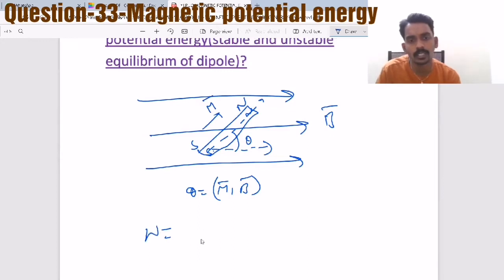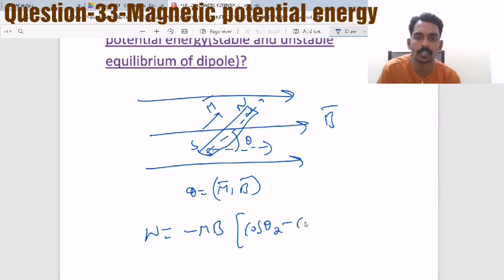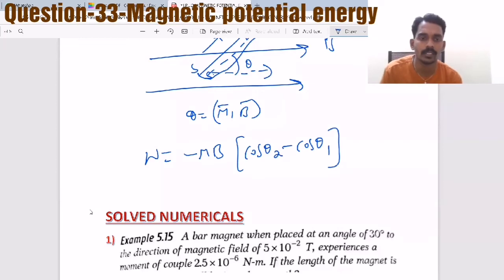Now the work done in rotating the magnet from one angle theta 1 to another angle theta 2 is minus MB (cos theta 2 minus cos theta 1).